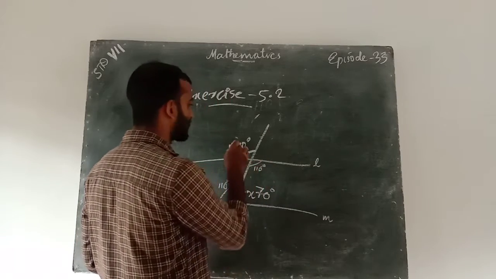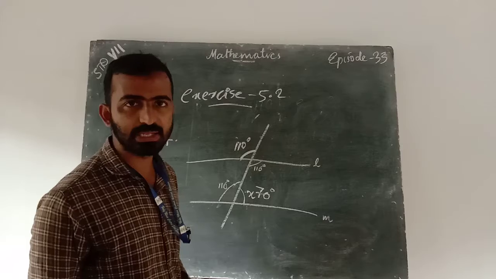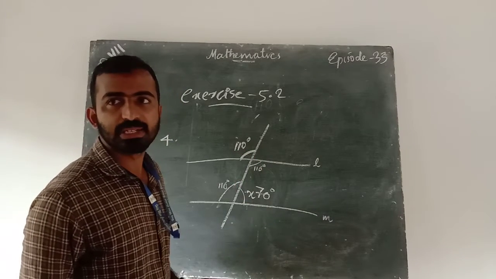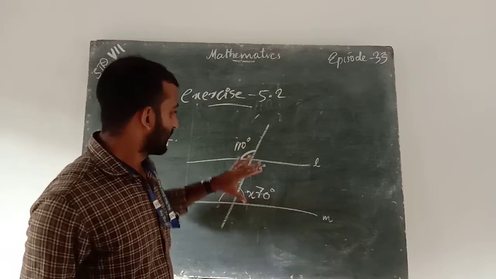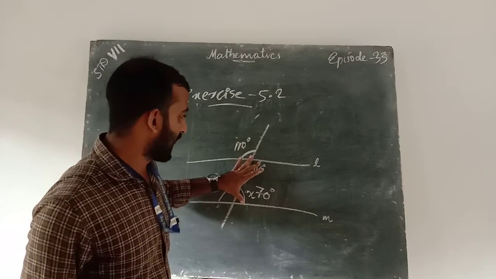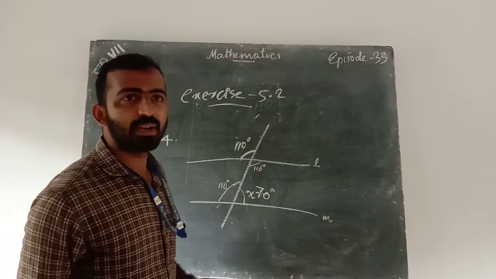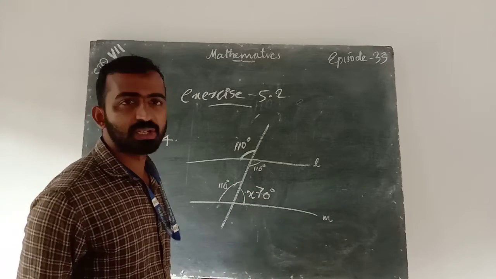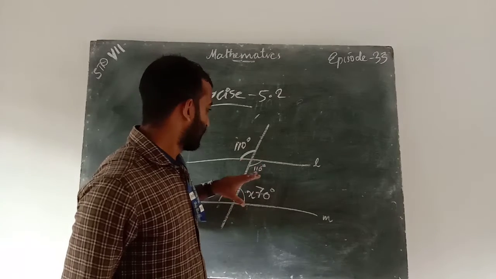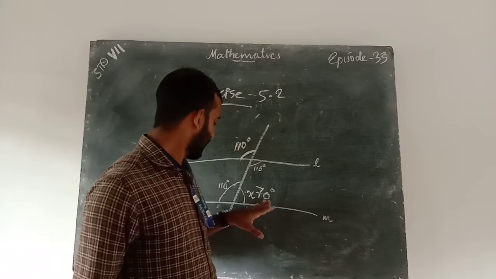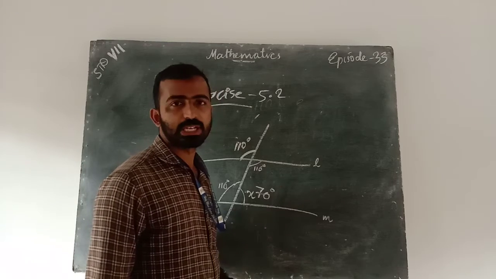Or otherwise you can choose, here is 110 degree, because these angles are opposite angles, and these angles are supplementary, we know. So we can write 110 degree plus x equal to 180 degree.